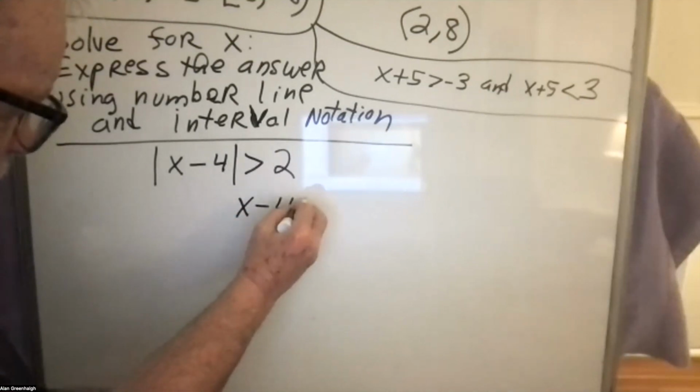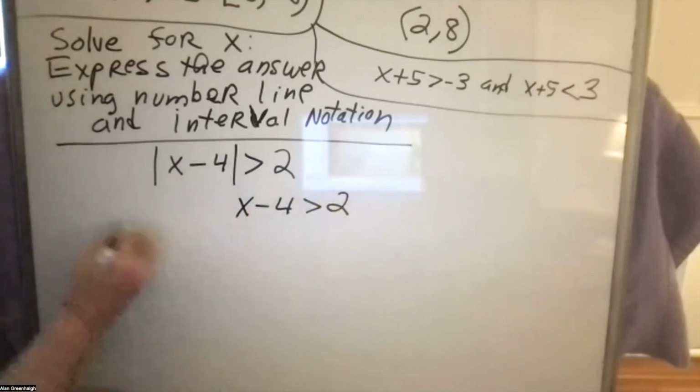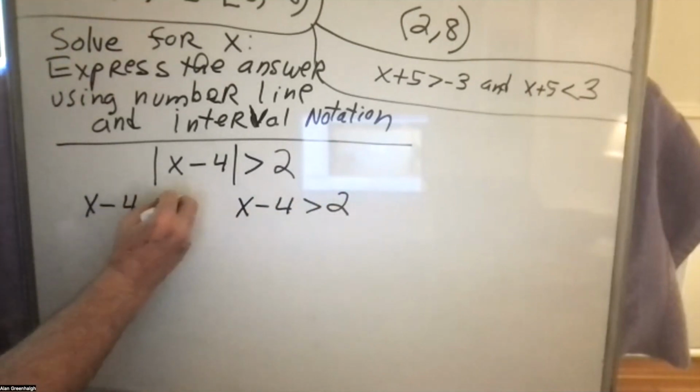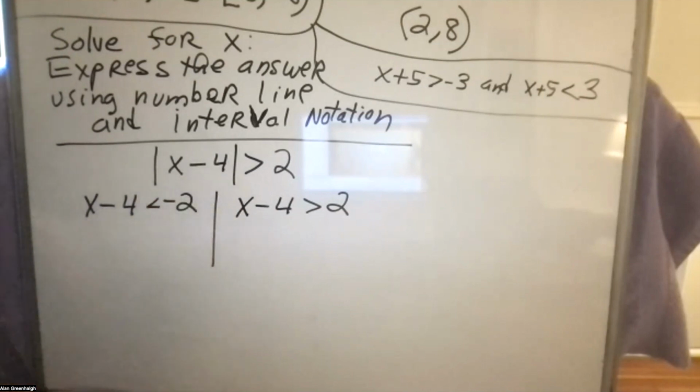X minus 4 is greater than 2. X minus 4 is less than negative 2. That's the beginning. That's the rule. One of them is exactly the same as the original, and the other one is less than negative 2.